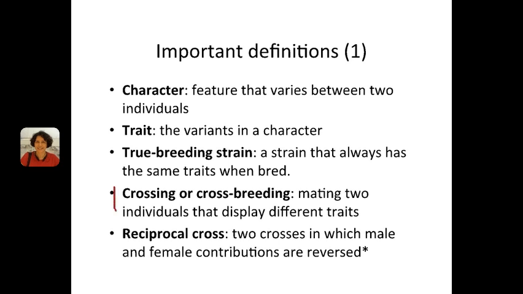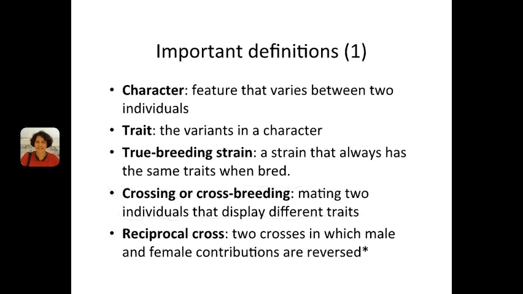When you cross or crossbreed a plant, you're going to be mating two individuals that have different traits. Like when Mendel was crossing the purple flowered plant with the white flowered plant, or if you do a crossing between a tall plant with a short plant.